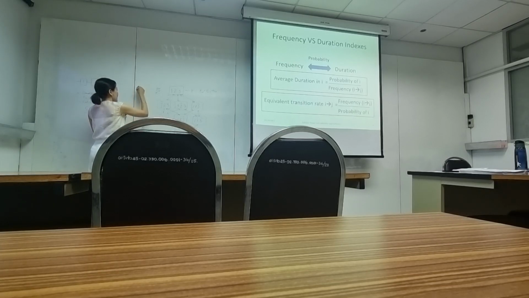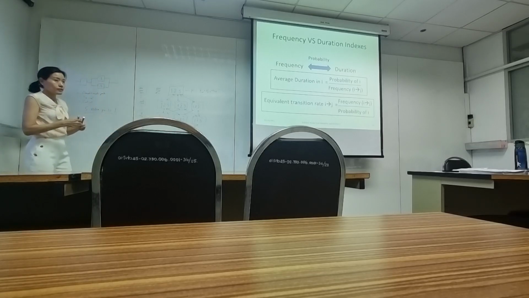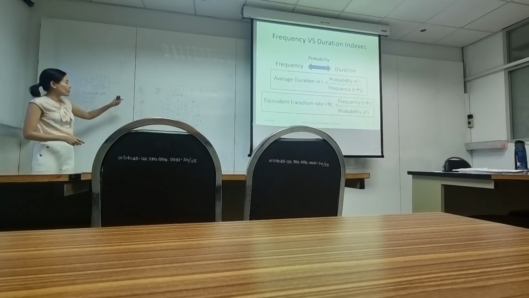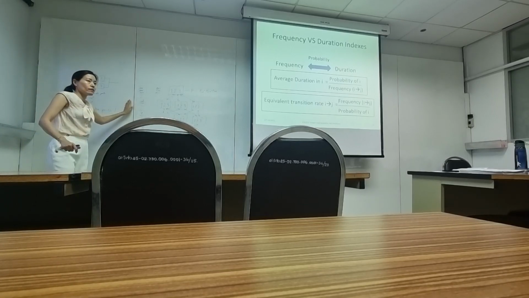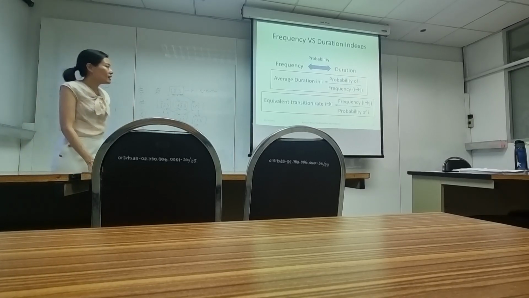What I'm saying is that you are going to have this picture in the end. Equivalent, which gives us some kind of equivalent rates of going from a different state. Okay, so this is the motivation, what we want to do today.